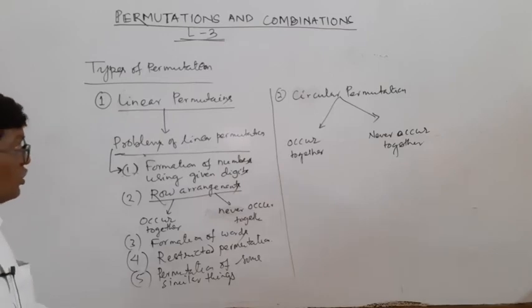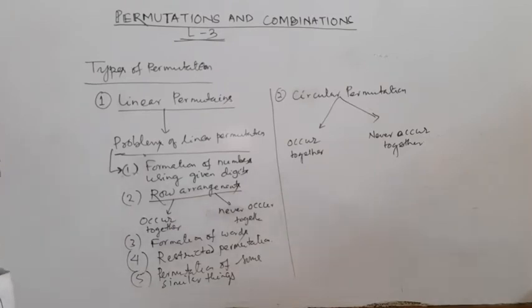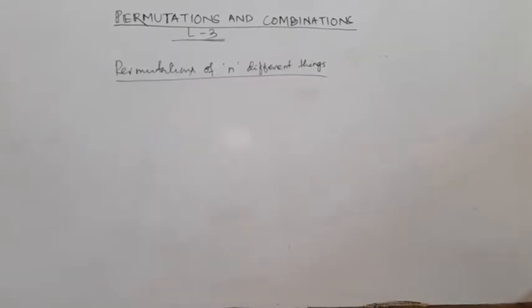Now, some theorems of linear permutation: permutation of n different things.